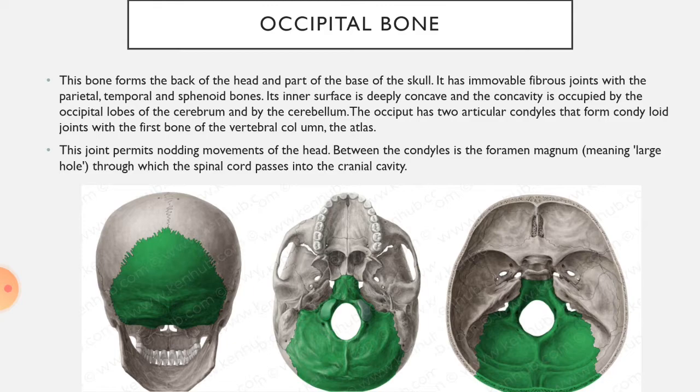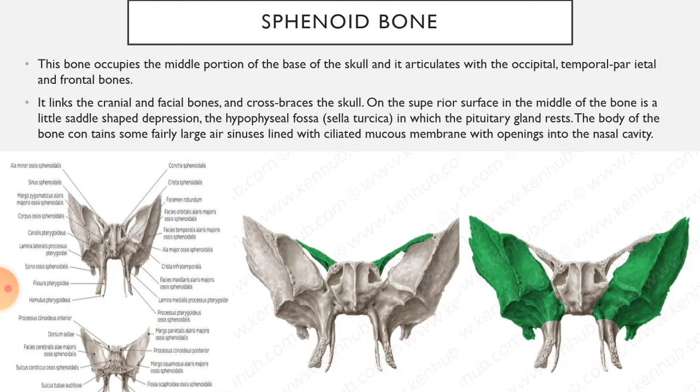The next is the occipital bone, and this bone forms the posterior part of your skull, and it also takes part in the formation of the base of the skull. This is the sphenoid bone, and this is bat-shaped and has wings.